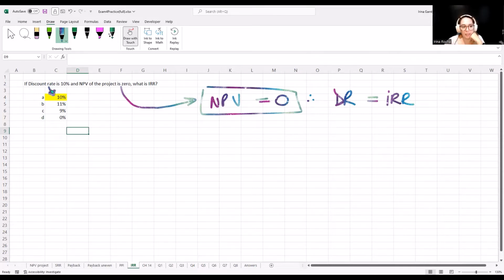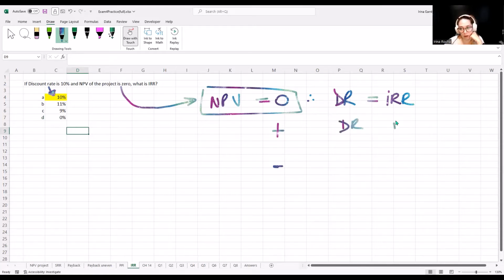The discount rate is the expected rate. The internal rate of return is the required rate. Now we have 2 other possible situations. If this is more than 0, so if it's a positive number, and if it's a negative number.